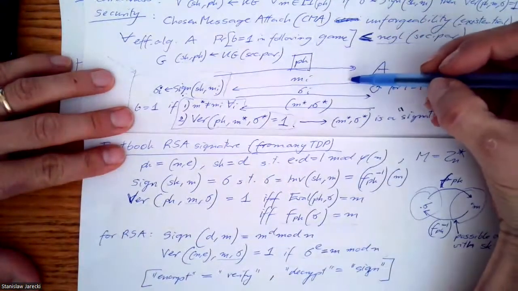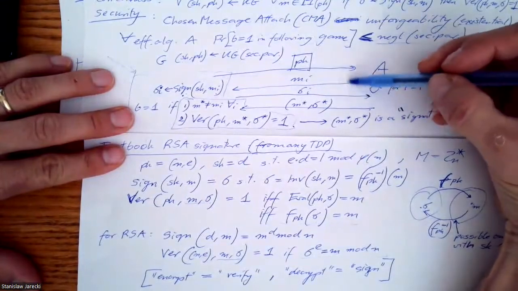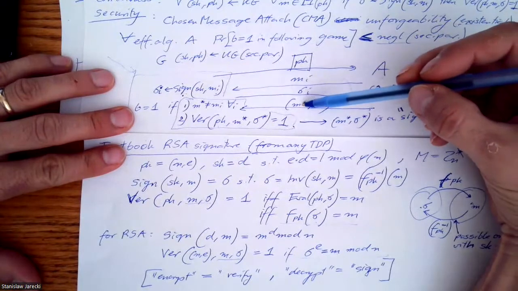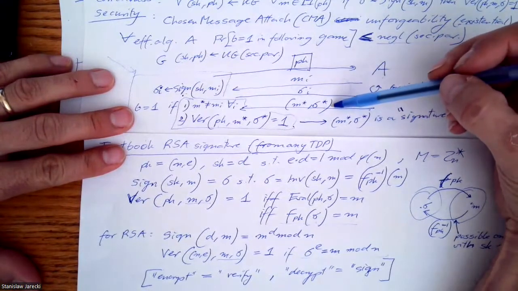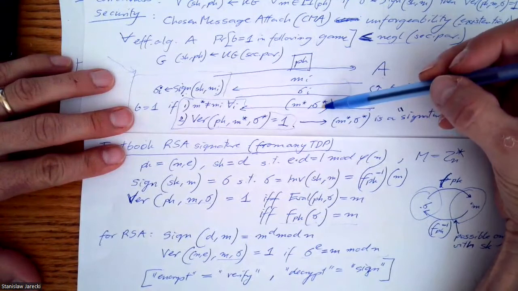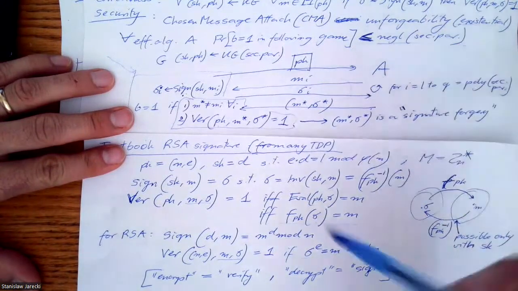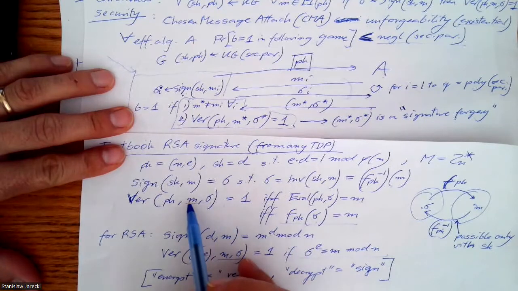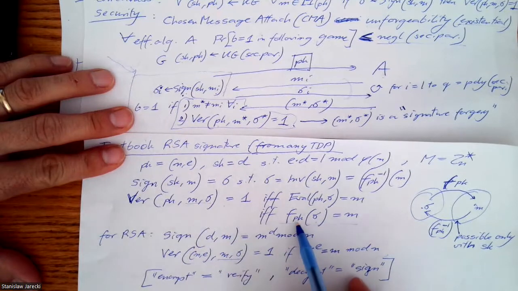I tell you that the adversary doesn't even have to ask for any message-signature pairs. He can immediately create M star, sigma star, which will satisfy this verification equation, as long as F_PK, which is publicly evaluatable, on sigma star equals M star.